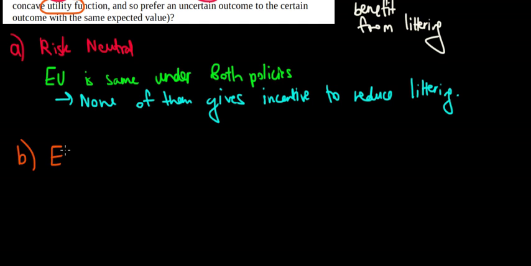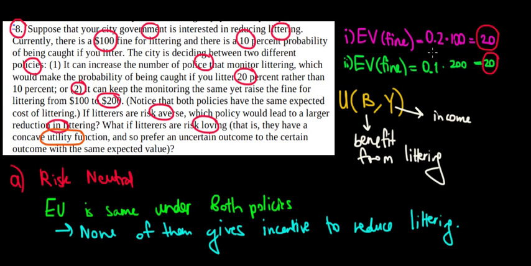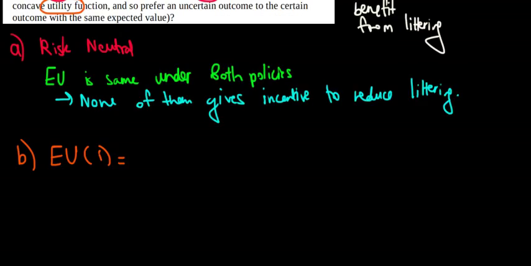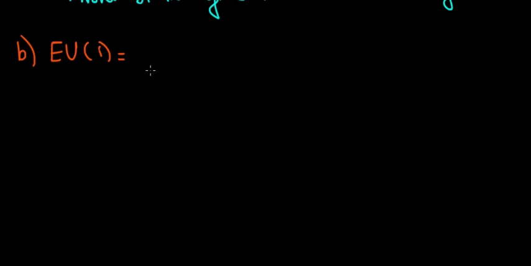Let's see. The expected utility from the first policy, right? Let's call that I. Well, the expected utility from the first policy would be that there is a 20% probability of being caught. So we would have a probability of 0.2 that we are going to be caught, and in that case our utility is going to depend on the benefit that we have from littering and the income that we are left with, and the income would be the money that we have at our disposal minus the $100 that we have to pay for the fine, right?